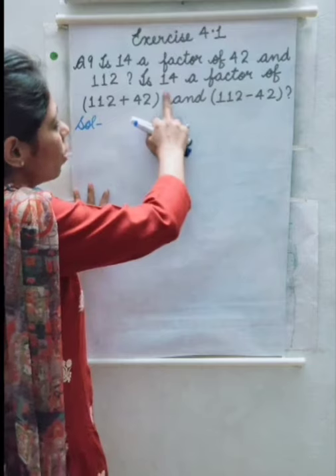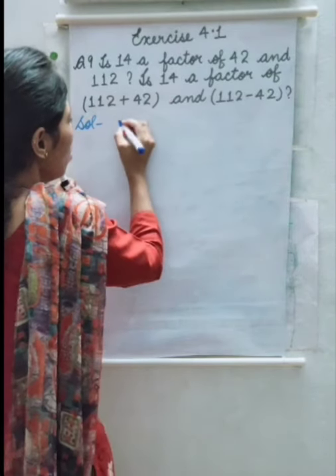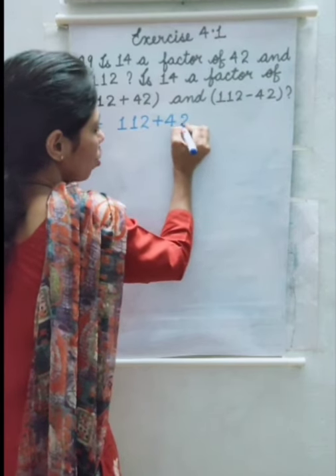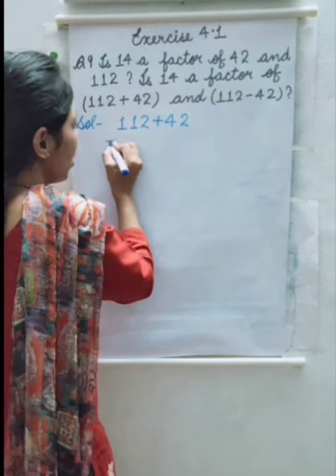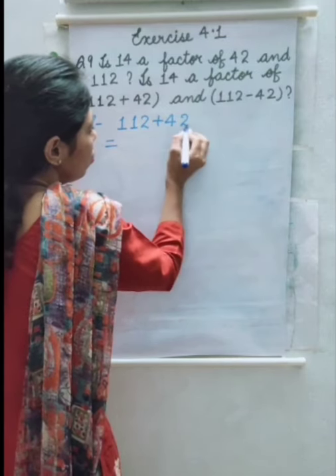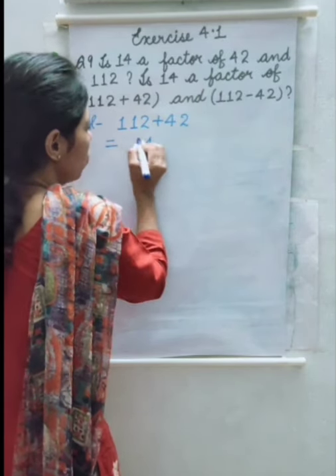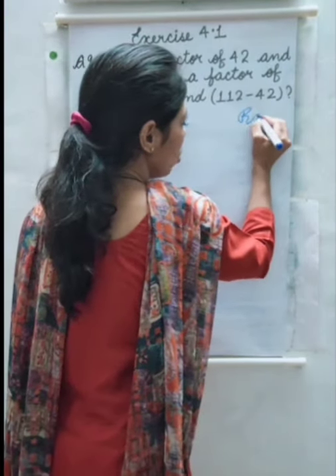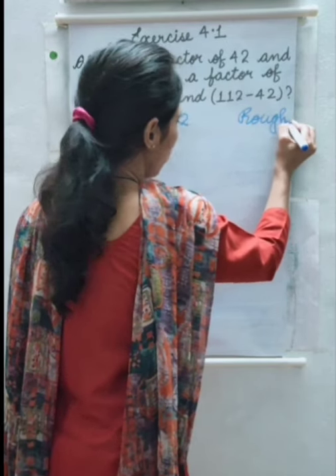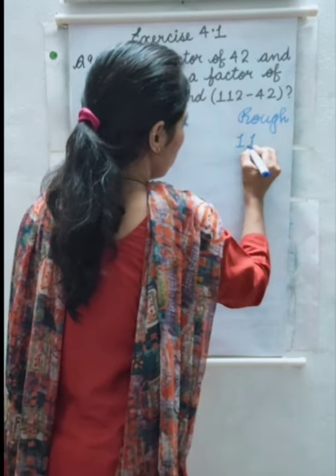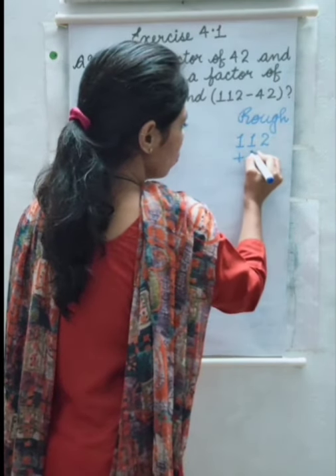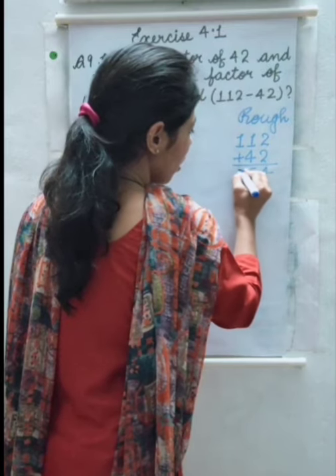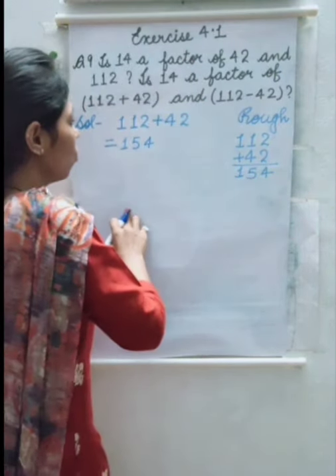For finding out whether 14 is a factor of 112 plus 42 or not, first we will just add these two numbers. 2 plus 2 is 4, 4 plus 1 is 5, and 154, but you have to make a rough column and show this here. 112 plus 42. 2 plus 2 is 4, 4 plus 1 is 5 and 154.